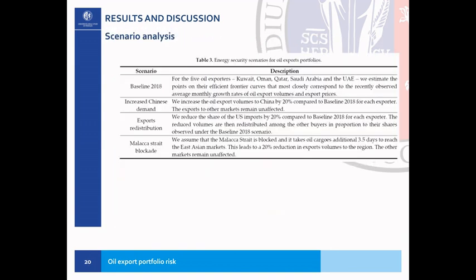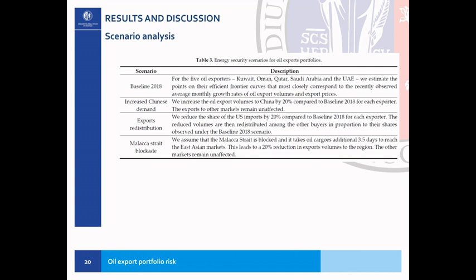Then we have tried to understand what is happening, considering 2018, which is the last year in our data set, if you have certain shocks. Imagine that the Chinese demand is increased by 20%, and the exports to other markets remain unaffected.